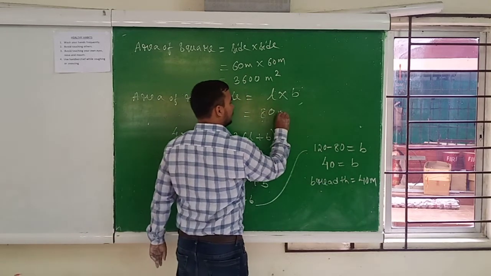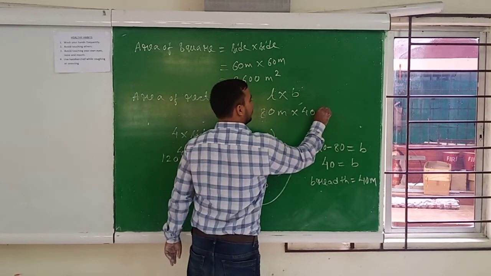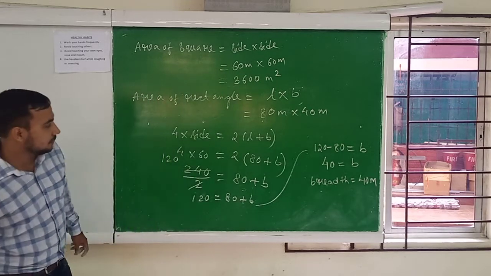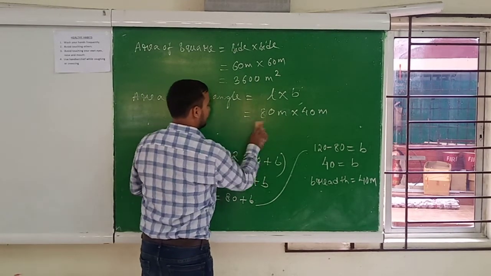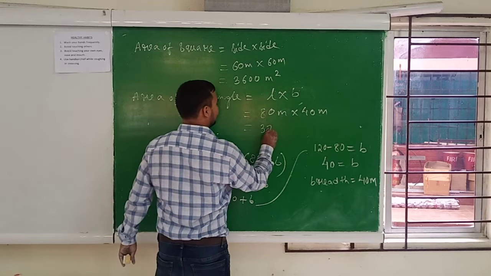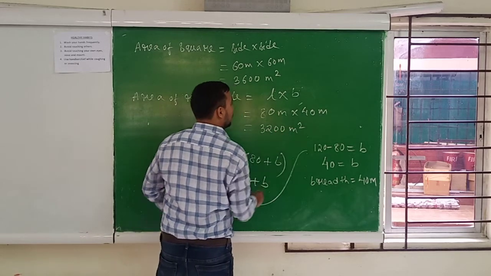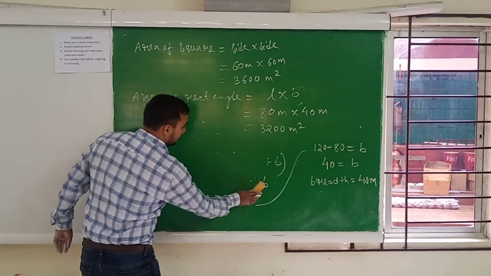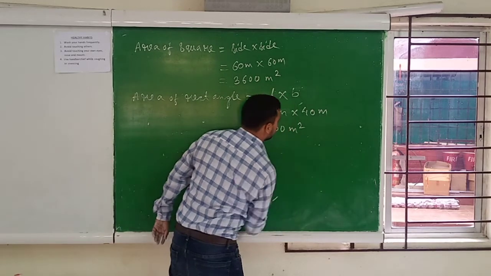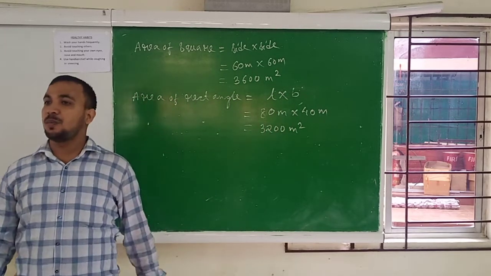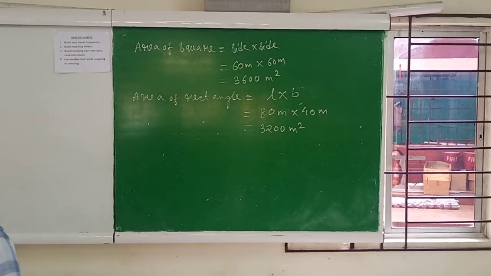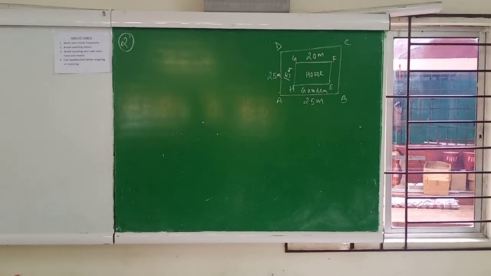So 80 meter into 40 meter is 3200 meter square. Now, which polygon has the larger area? Square. So you write, therefore square has larger area.